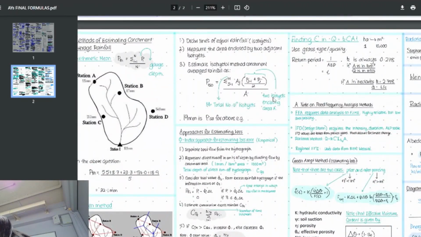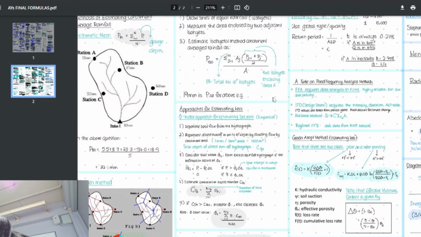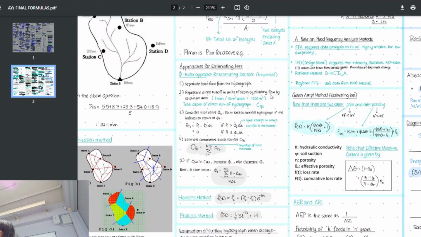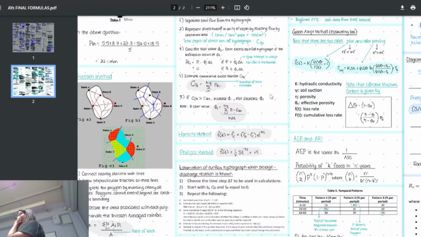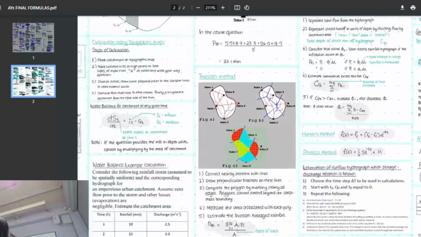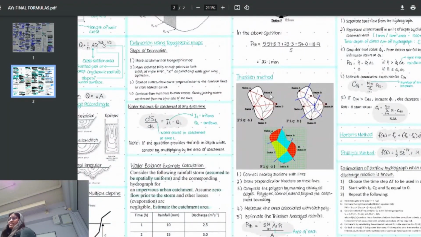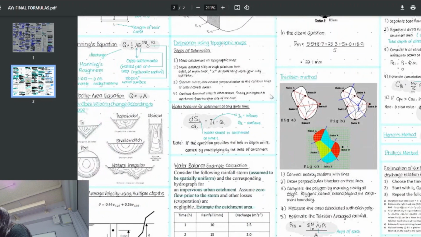So the first thing that you'll learn is evaporation and evapotranspiration, which I'm going to go into in more detail, so I won't spend a lot of time talking about that right now. But you will also learn flood frequency analysis in weeks 3 and 4.